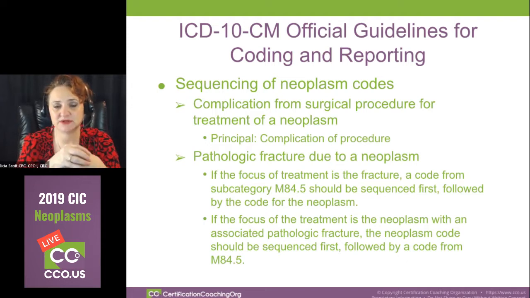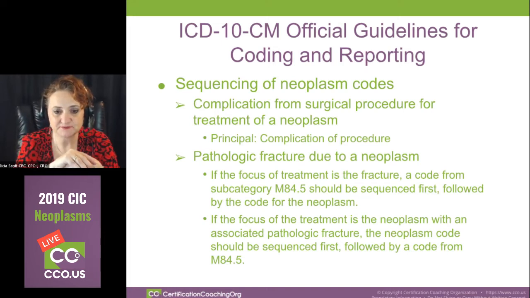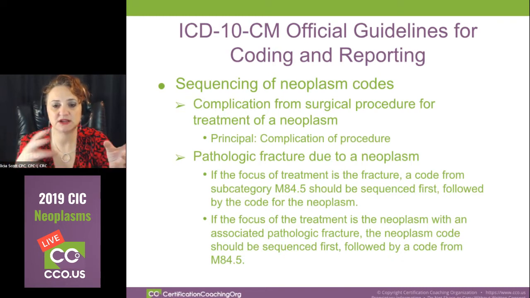Another thing that happens with patients that have cancer is fractures, pathological fractures. Now, it is true that cancer weakens the body, but overall cancer doesn't necessarily weaken the bones per se, nor the chemo treatments, but there are specific types of cancers that weaken the bone, like bone cancer.